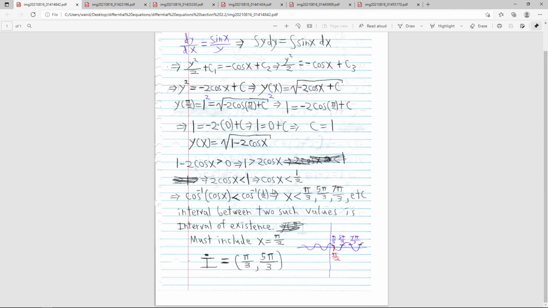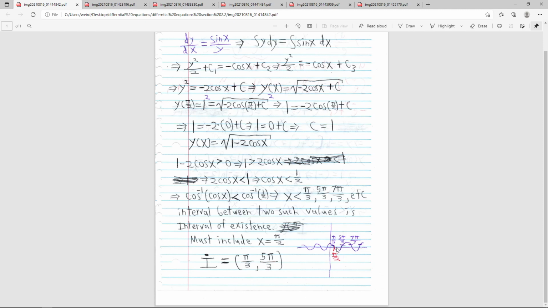Now we have to consider our initial value. What we're given is an exact point in it. So x can be pi thirds, 5 pi thirds, 7 pi thirds, etc. The interval between two such values is the interval of existence, and it must include x equals pi halves. So let's start from pi thirds to 5 pi thirds. It has to be in this area, and pi halves is between those two values.